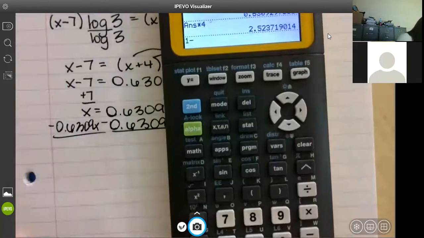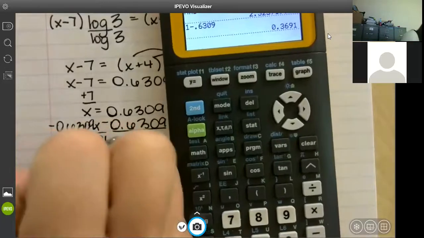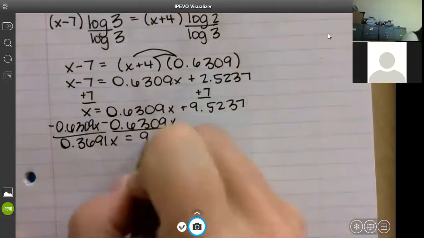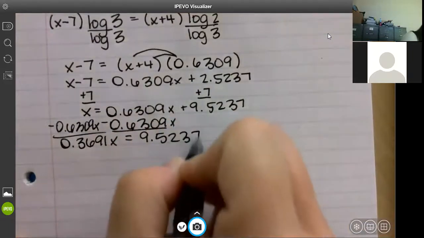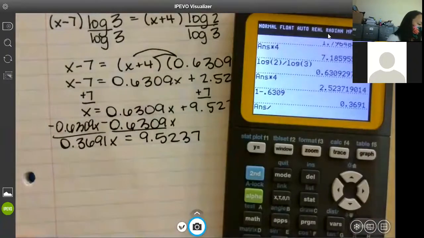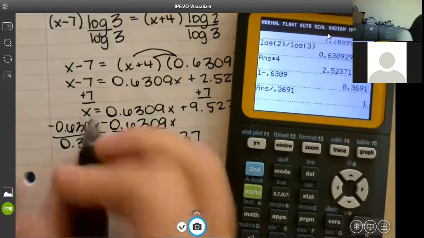So 1 minus 0.6309 gives 0.3691x equals 9.5237. Last step. Divide by what? 0.3691.